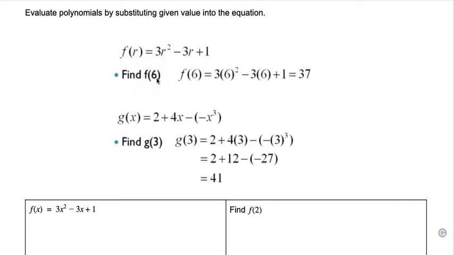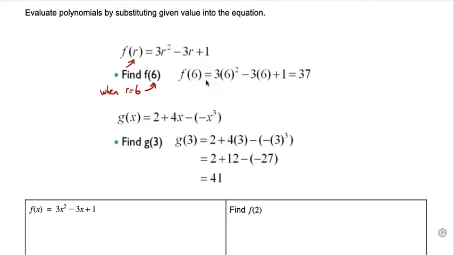what we can do with polynomials is we can always plug in a value for the variable r, okay, and use that to solve for the function, right? So in this case here, if we want the value of the function f at r equals 6, so when r equals 6, then we just plug in 6 everywhere we see r.